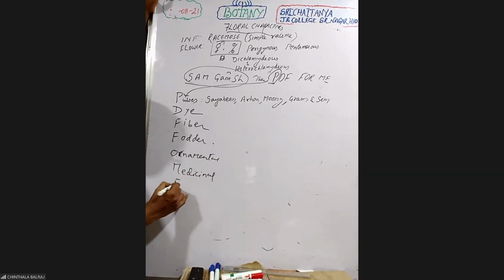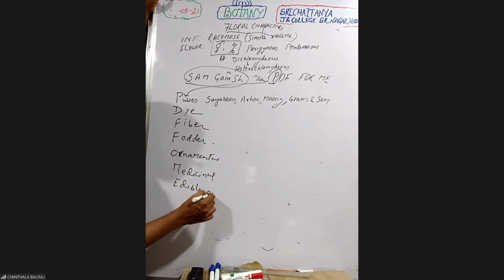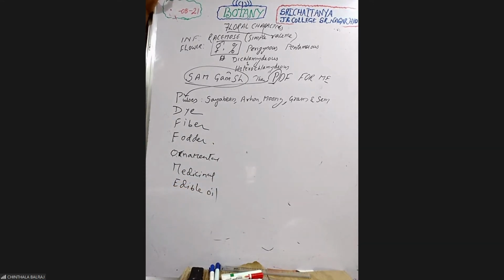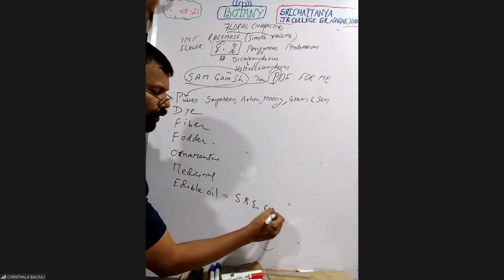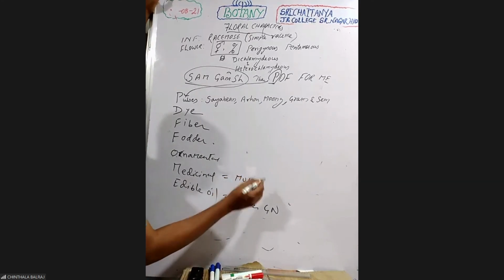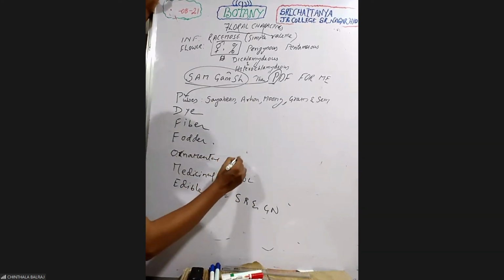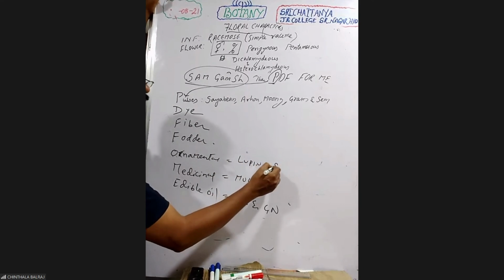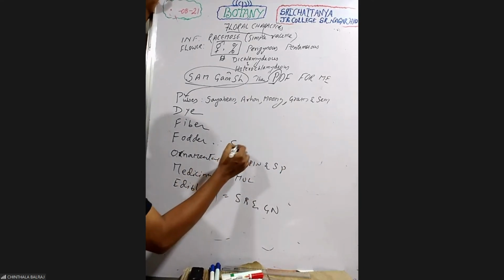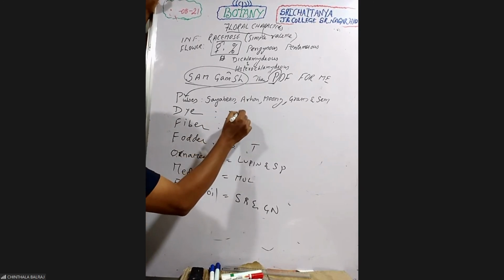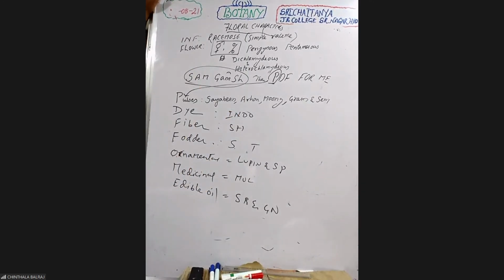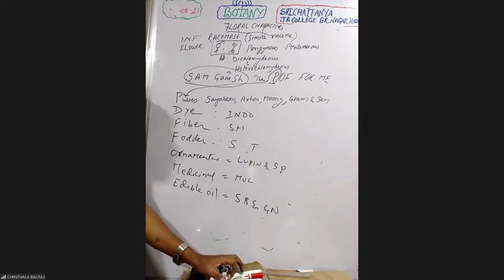E for edible oil: soya bean and groundnut. Medicinal plant Mulethi. Ornamental: lupin and sweet pea. Fodder plants: Sesbania and Trifolium. Fiber: Sunn hemp. Dye: Indigofera. So whichever you feel easy, you go ahead. Yes, I will stop.